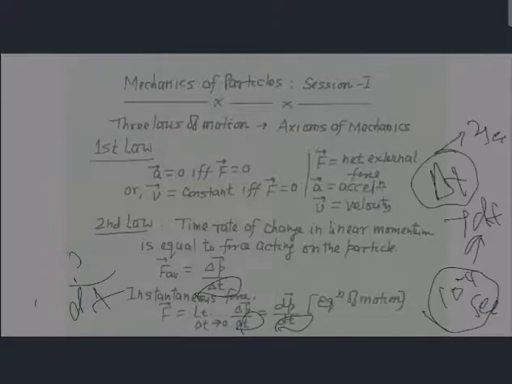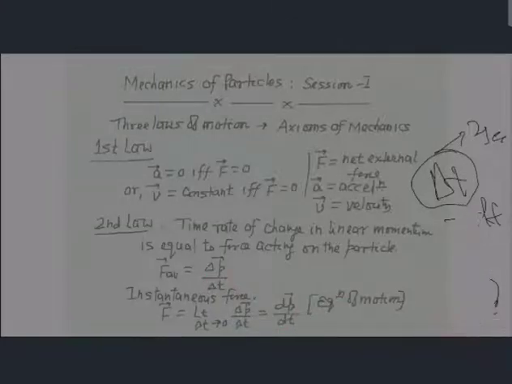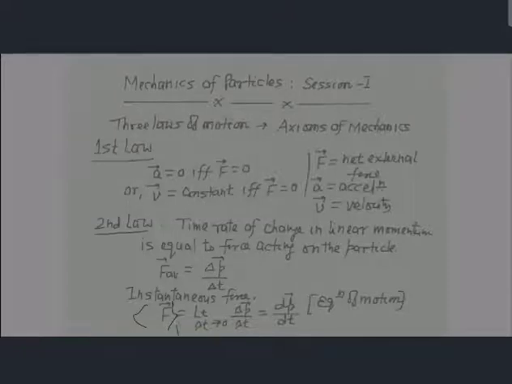As soon as I change the delta into differential, the quantities become instantaneous. I should have written here "instantaneous", INST, but I have not written. So now this is called the equation of motion.